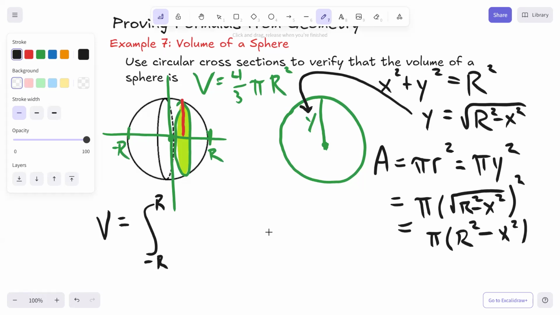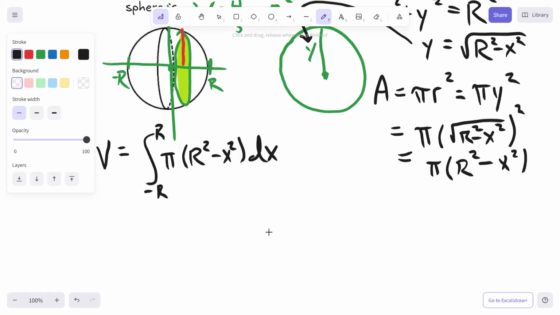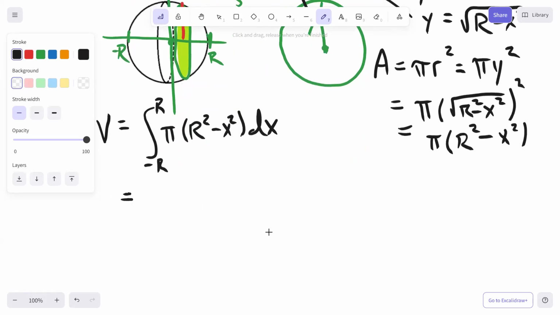What goes in here is pi times r squared minus x squared dx. I'm going to do two things right here. Since this sphere is symmetric with respect to the y-axis, I can double the integral and integrate from 0 to r.